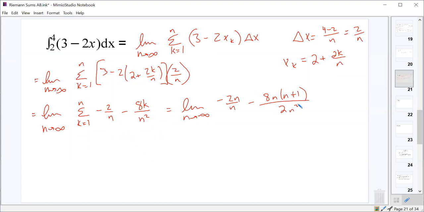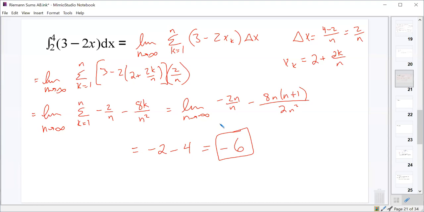Everybody good with that? And then the first part of that is negative 2, and the second part, negative 8n squared over 2n squared, would be minus 4, and we get negative 6. Any questions on that?